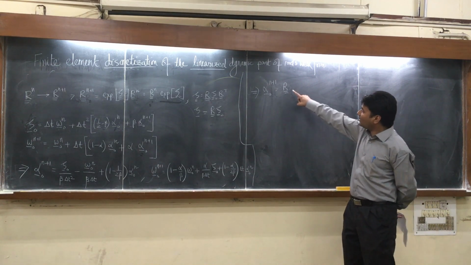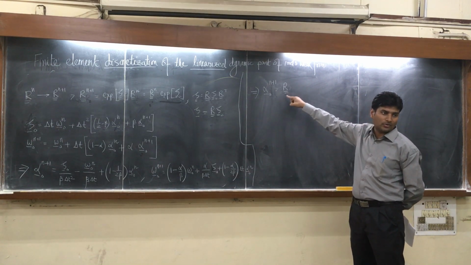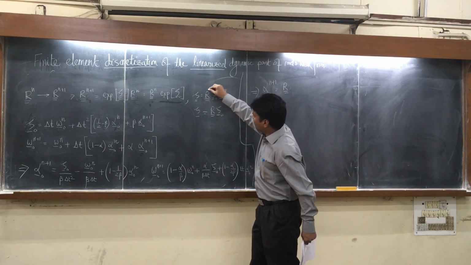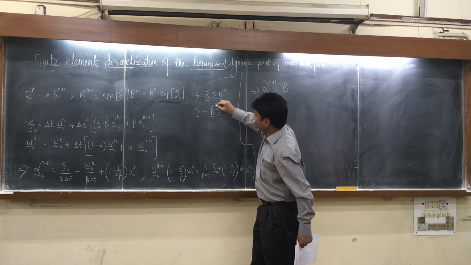Should we have R of n or R of n plus 1? R of n, right? As you can see here, this is n. So that's also n.